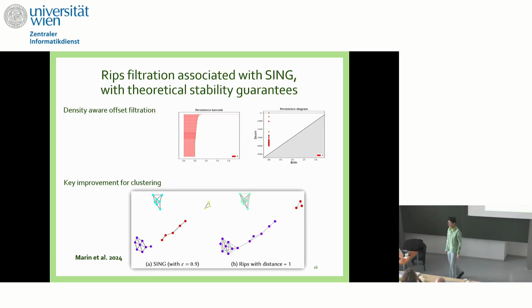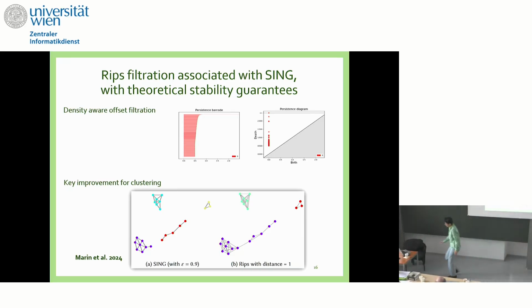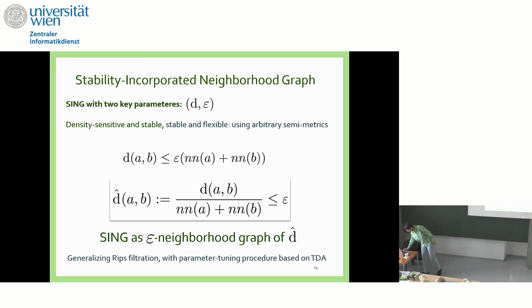It's somehow density aware, density sensitive, and one can see it as a... Maybe I don't need to really write it, it's not so difficult, but usually we take 1 over the distance to the nearest neighbor as a density estimator, right?